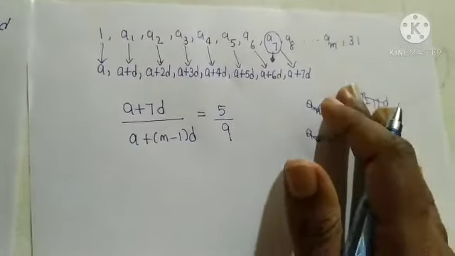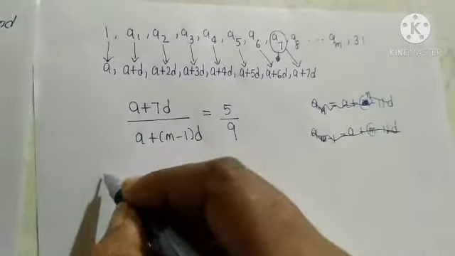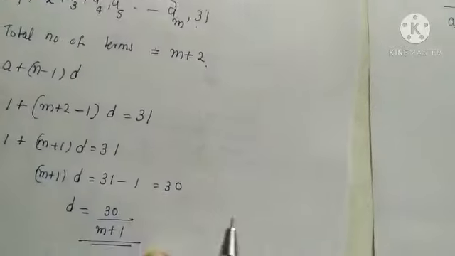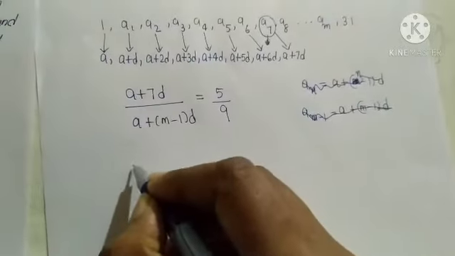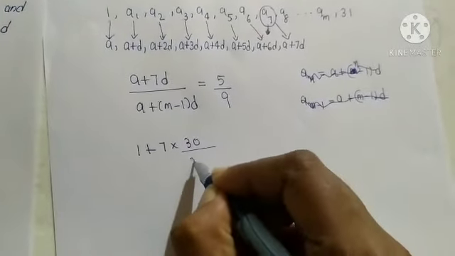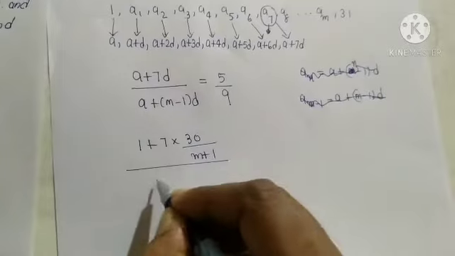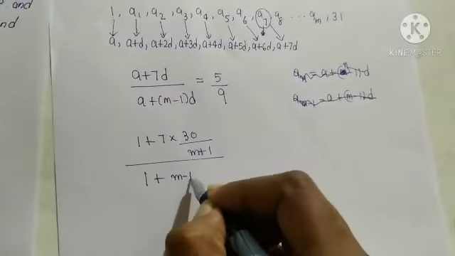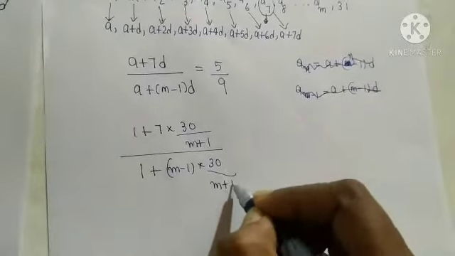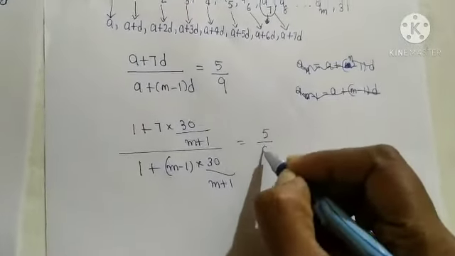Next I am going to replace the value of a by 1 and d by 30 by (m plus 1) in this equation. So it becomes 1 plus 7 into 30 by (m plus 1), divided by 1 plus (m minus 1) into 30 by (m plus 1), equal to 5/9.